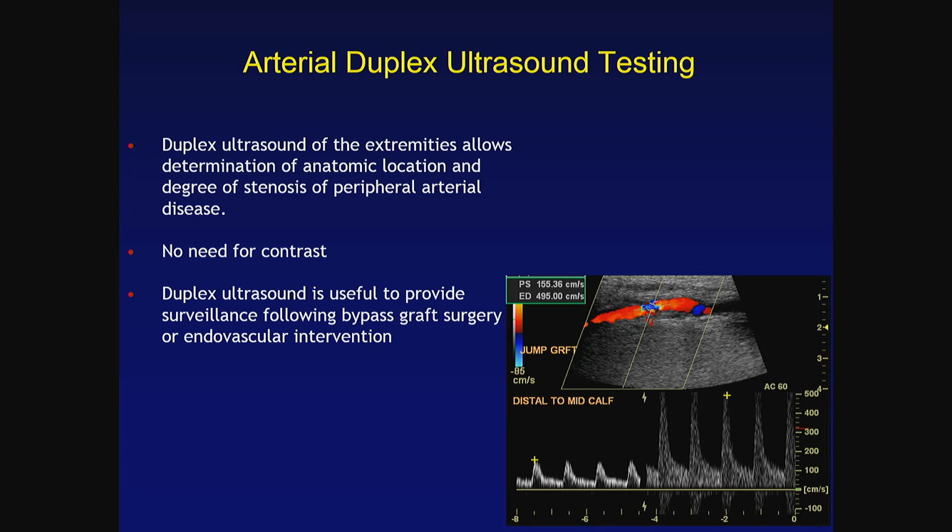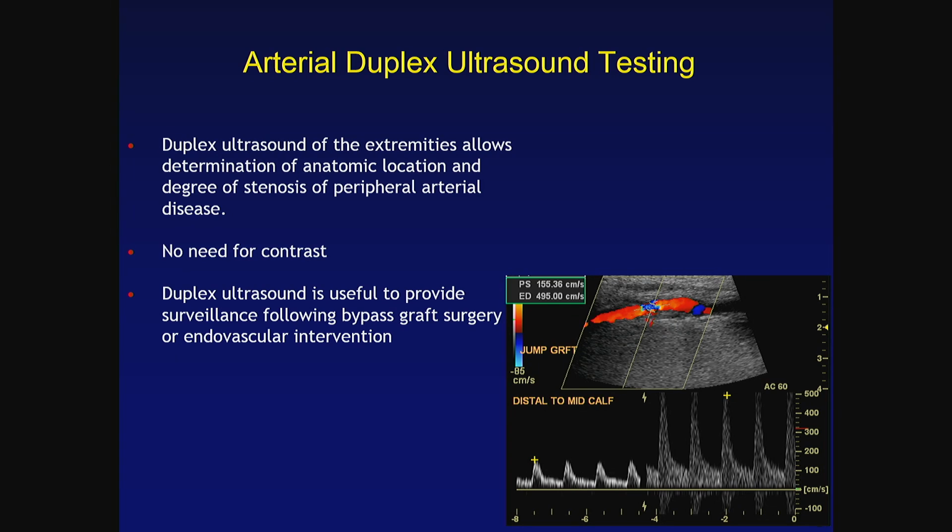It is a very accurate way of measuring the degree of stenosis by comparing the peak systolic velocity prior to the stenosis and at the site of the stenosis, and any ratio exceeding 2.5 is representative of a 50% stenosis or greater.